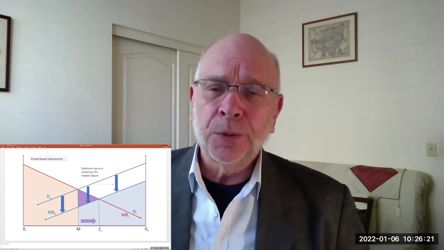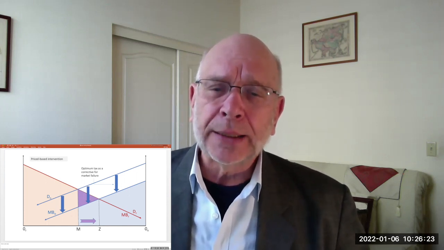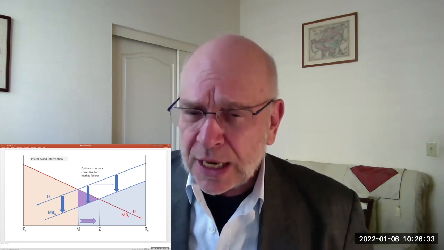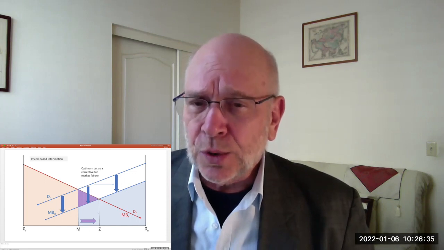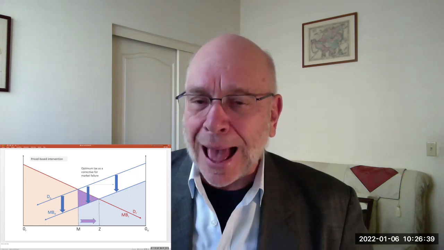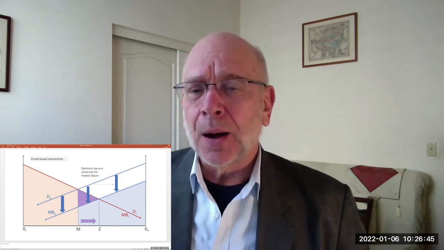Now, think about the information requirements needed for finding the right tax compared to finding the right allocation Z. I think a little bit of reflection will show you, to figure out where Z is, you need not only to know this gap, you need to be able to solve for this point, the point of intersection, on your own.